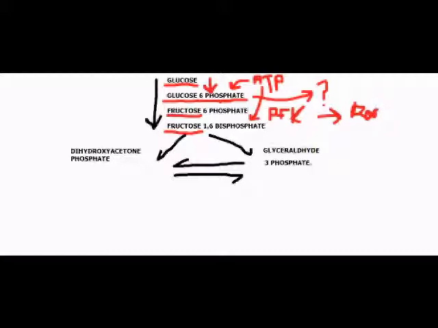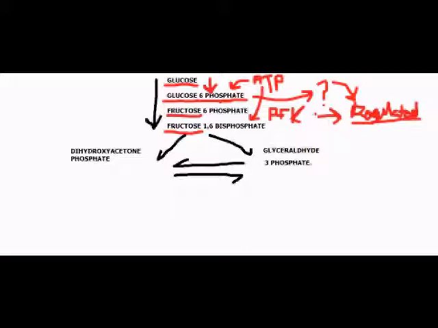Phosphofructokinase is regulated by a number of cellular components. ATP will cause a downregulation.